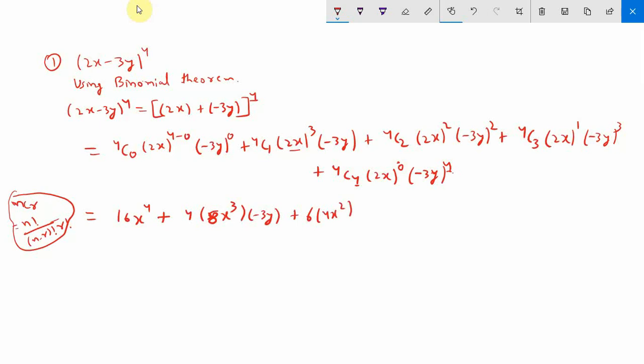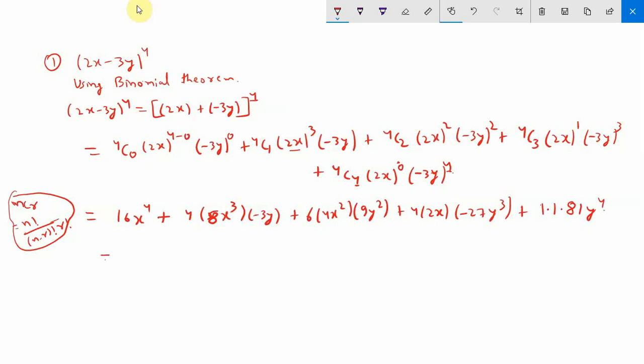4x square into 9y square, plus 4 into 2x into minus 27y cube, and the last term, 4c4, will be 1 only, so 1 into 1, because 2x to the power 0 will be 1, and the last term will be 3 to the power 4, which is 81y4.